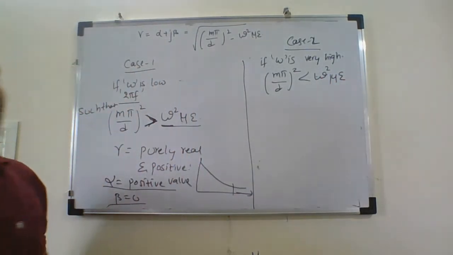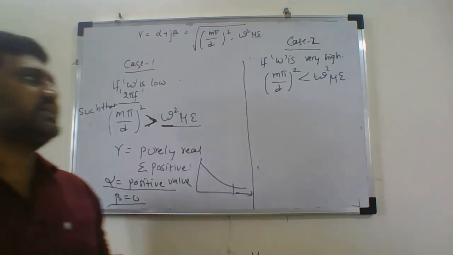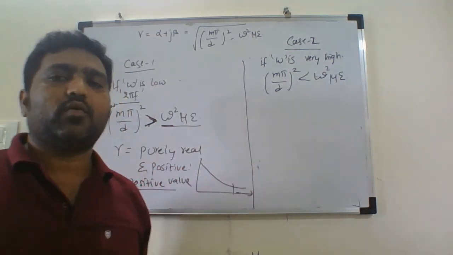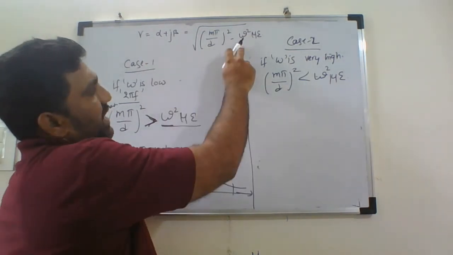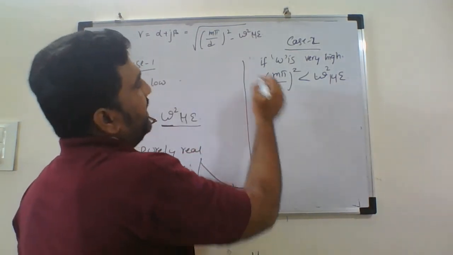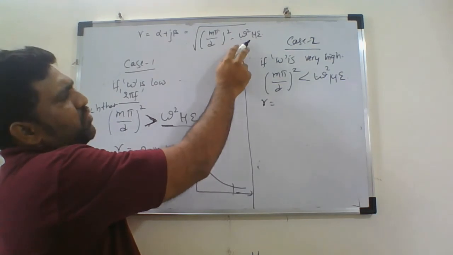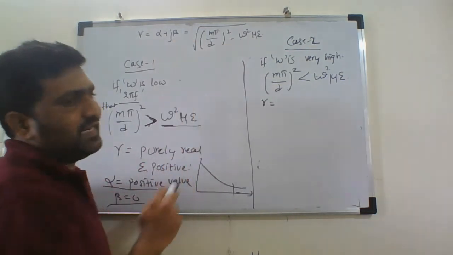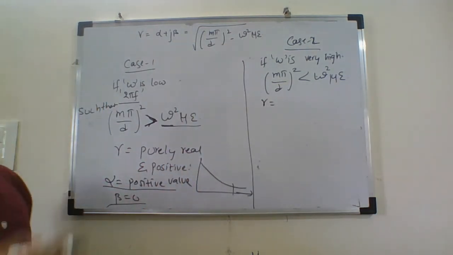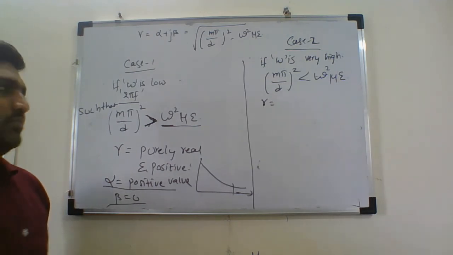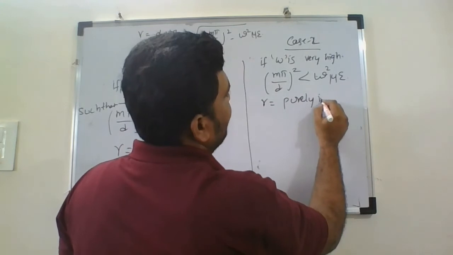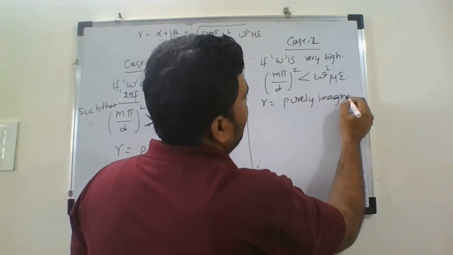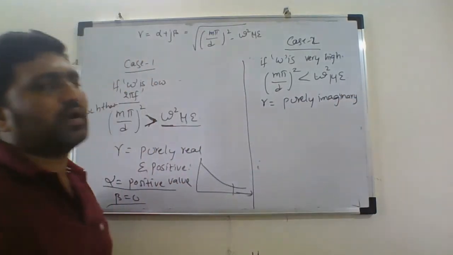In this case, the gamma that I get, because this is more when compared to this, I'll get a negative value, so the root of a negative value means it's an imaginary term.